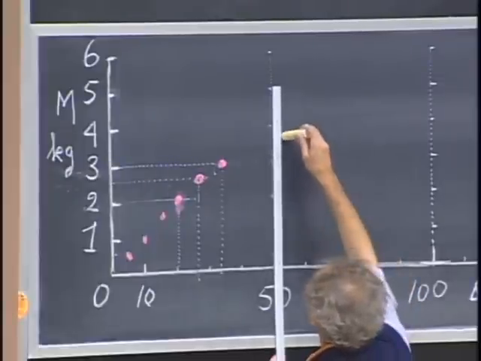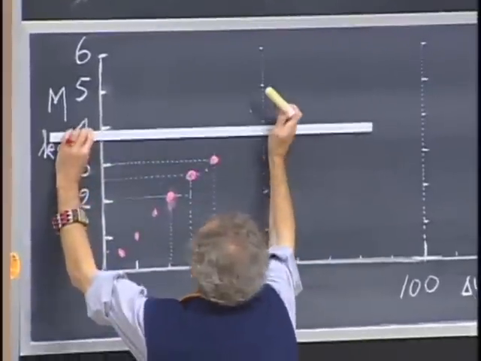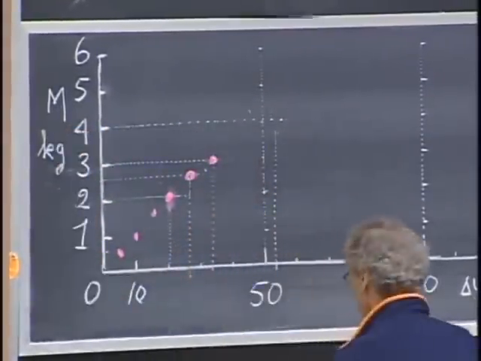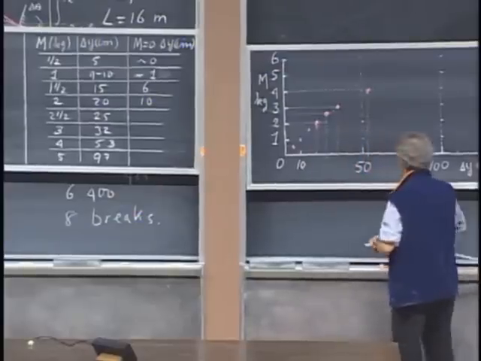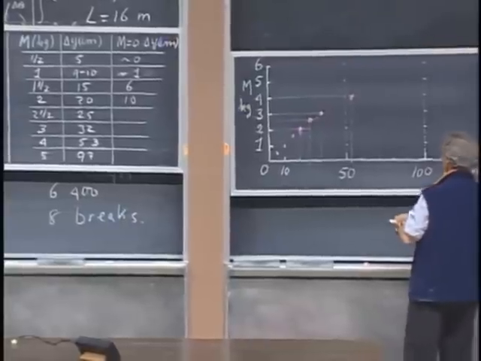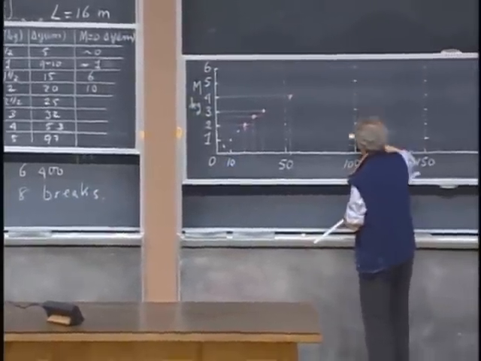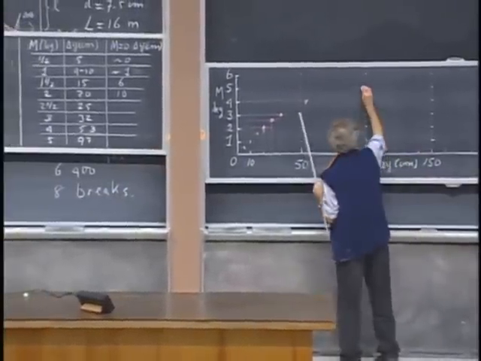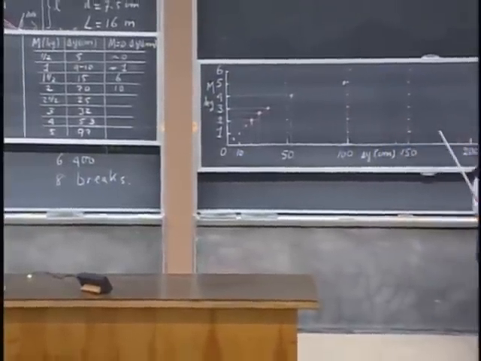There's no question. Oh, yeah. And then at 5, we have 97. Here is 5. 97. That's here. And then our last point, oh, we even have a 400 here.